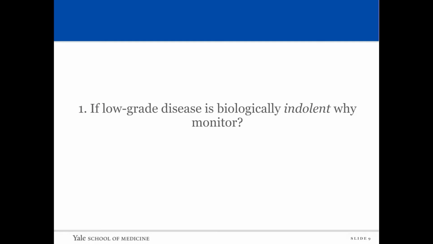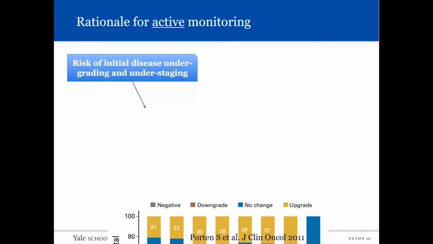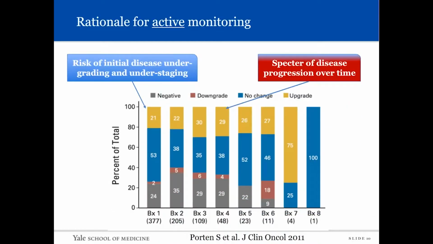So first, if low-grade disease is truly biologically indolent, why even monitor at all? I think the rationale comes from two locations. Number one, there is indeed a risk of initial disease undergrading and understaging. This is data from the UCSF cohort showing the risk of biopsy upgrade over time.